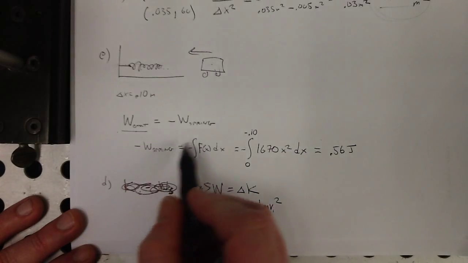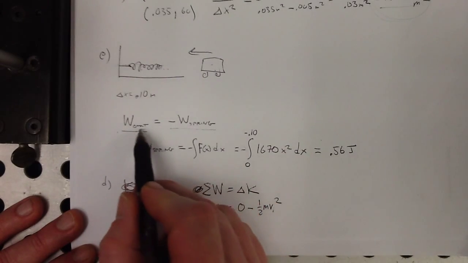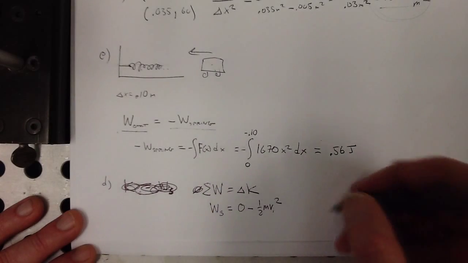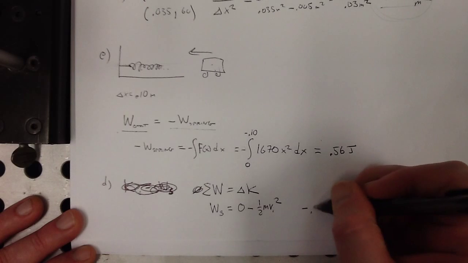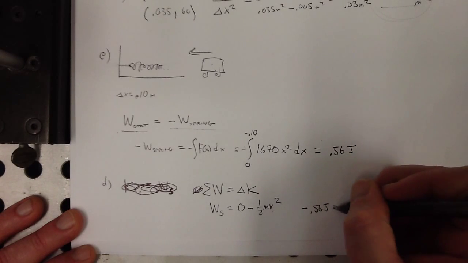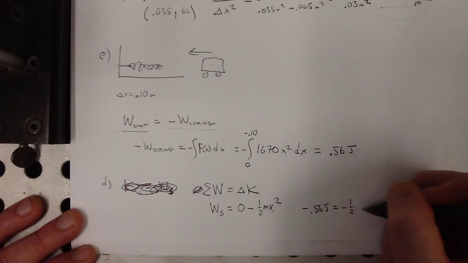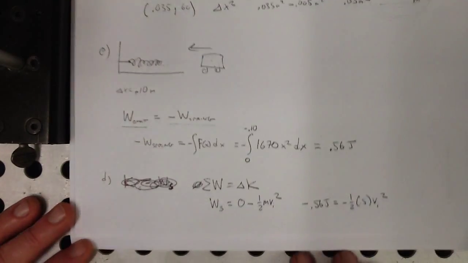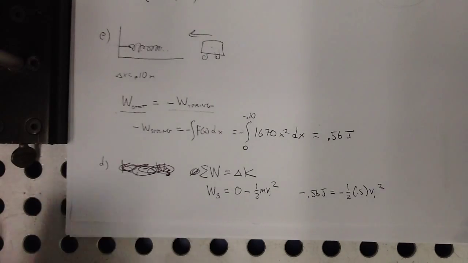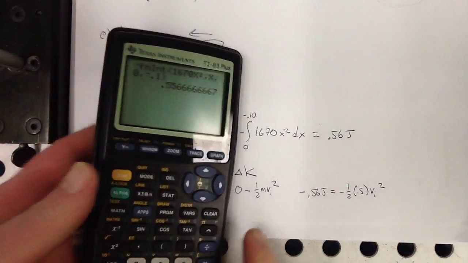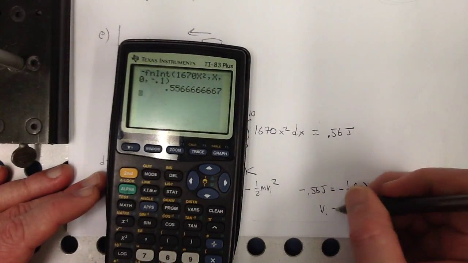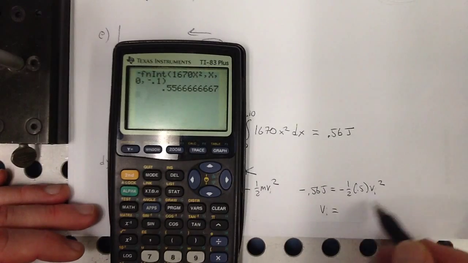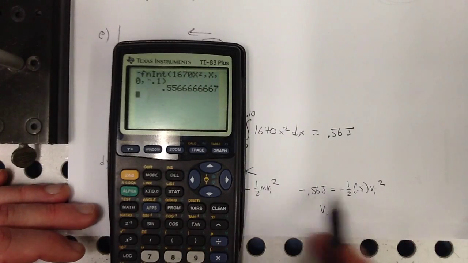So here, remember that the work done by the spring is opposite to this. So we have here negative 0.56 joules is equal to negative 1/2 mv initial squared. And then I think we can just solve that pretty easily. The two negative signs cancel out, which is good news. We would pause and scratch our heads and look for a sign mistake if we didn't have those negatives, because they need to cancel each other out.